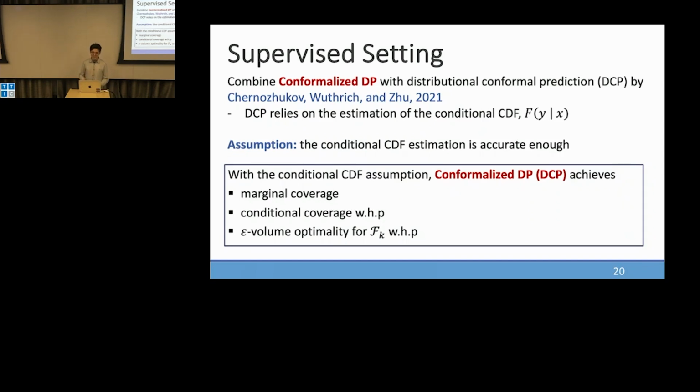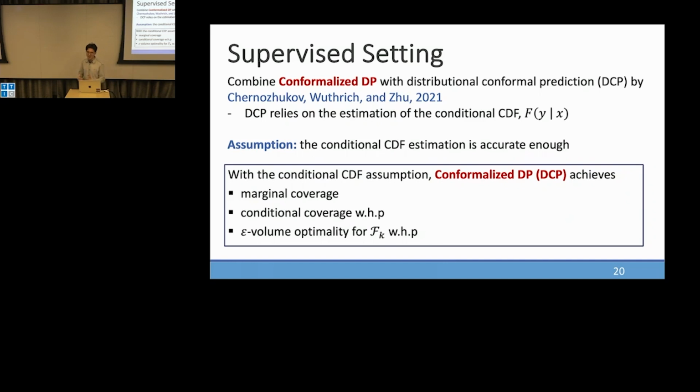In our case, we combine our previous conformalized DP with a distributional conformal prediction method by Chernozhukov et al. Their framework relies on a quite accurate estimation of the conditional CDF, which is the CDF conditioned on some particular feature X. Here, we also require this kind of assumption to have a sufficiently accurate conditional CDF estimation.